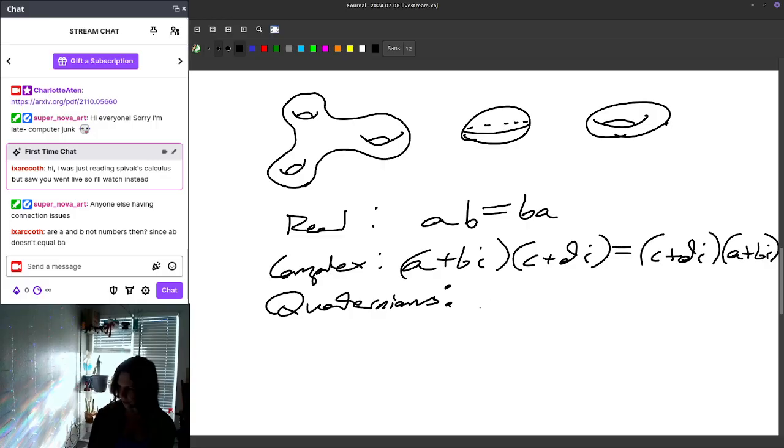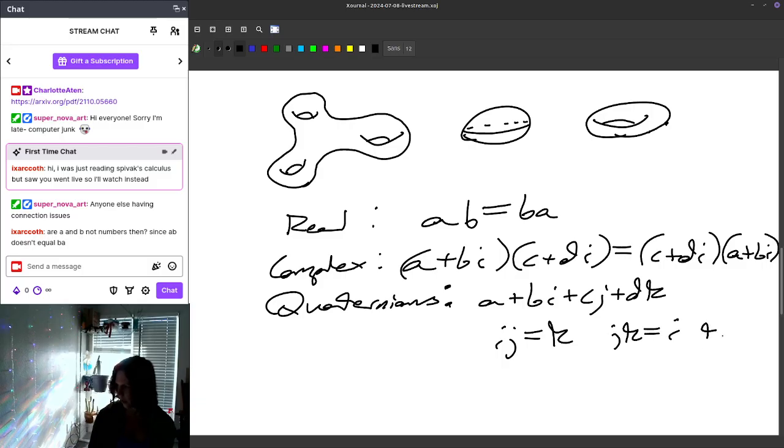These are numbers of the form a plus bi plus cj plus dk, where the rules are that i times j equals k, j times k equals i, and k times i equals j. But if you go the other way, you pick up a minus sign, so j times i equals negative k.